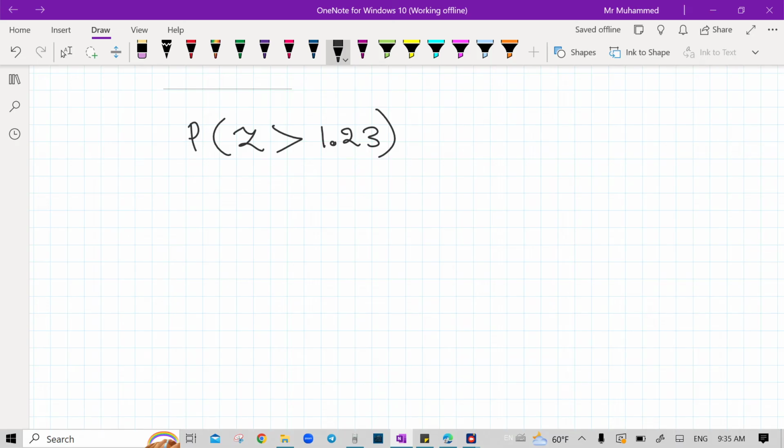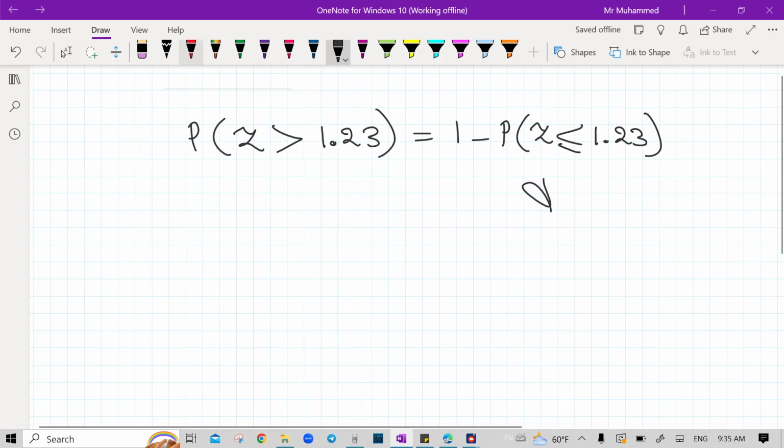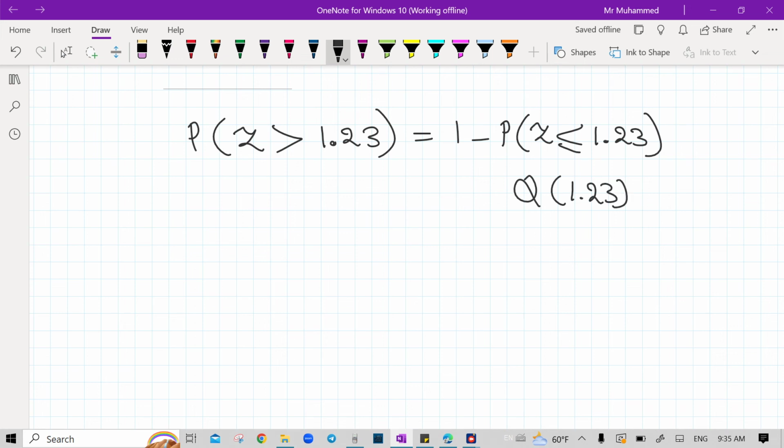We cannot do this directly. We need 1 minus. This probability is equal to 1 minus probability Z less than or equal to 1.23. Then Z less than positive is okay. So I'm going to write phi of 1.23. When I write phi it means go to the table, search for 1.23.